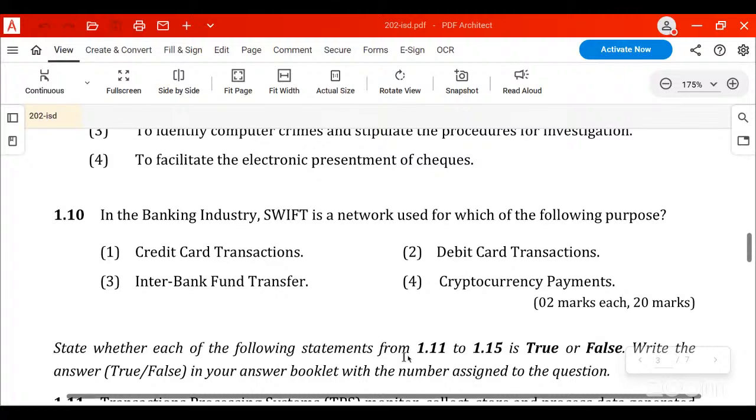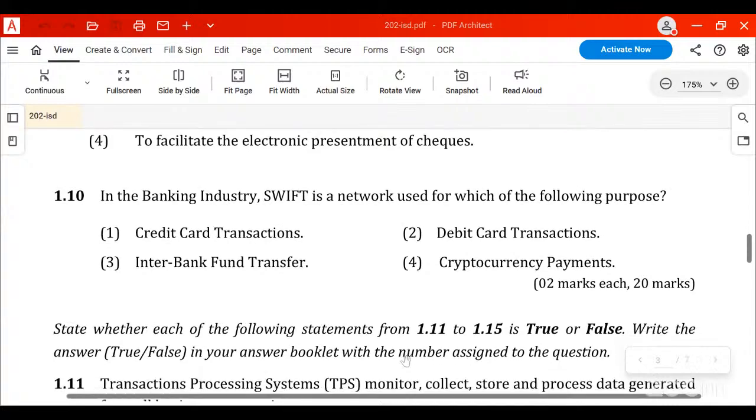SWIFT stands for Society for Worldwide Interbank Financial Telecommunication, which provides facilities for interbank transactions. Then clearly we can find the answer. Answer 3, interbank fund transfers, SWIFT transfers.